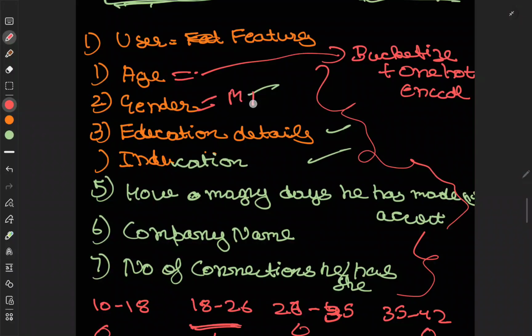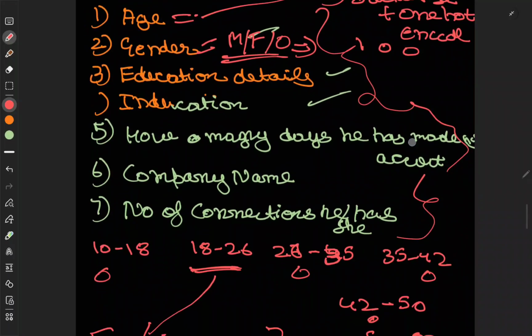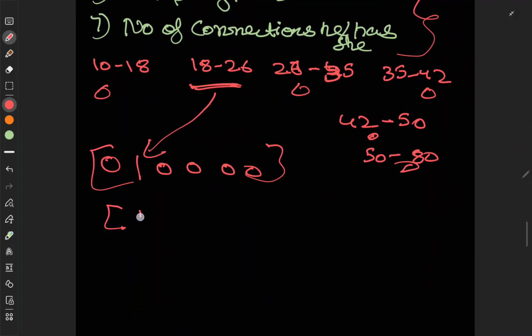Again, the gender could be male, female, and other, right? The simplest solution is that you just apply one hot encoding. So for example, if a male is coming, you can represent him by 1 0 0. So he could be represented using a 3 dimensional vector 1 0 0.